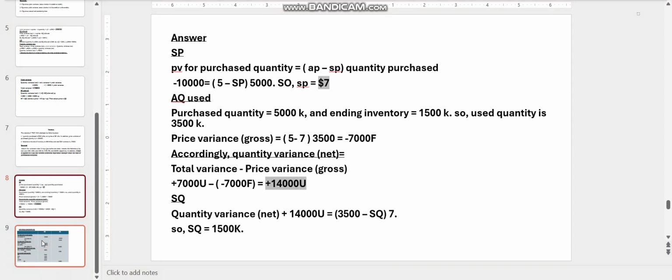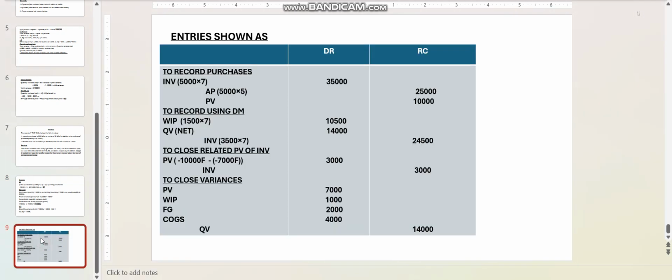So the related price variance to inventory equals 3,000, 10 less 7. So close it first. Since price variance was favorable, credit by nature, to close you debit. So debit price variance amount of 3,000 and credit inventory.